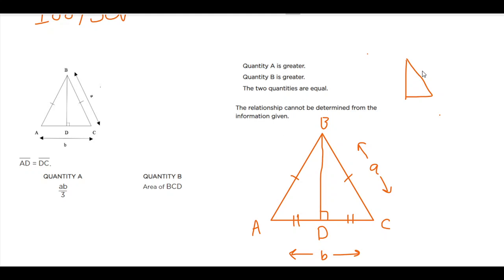So why don't I use a 3, 4, 5 triangle in this case? So B is going to be 8 because I need to make this 4, and I want this to be 5. And then I can easily get this perpendicular, which is going to be 3.